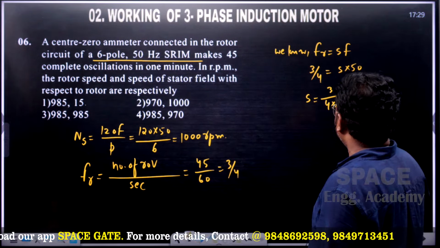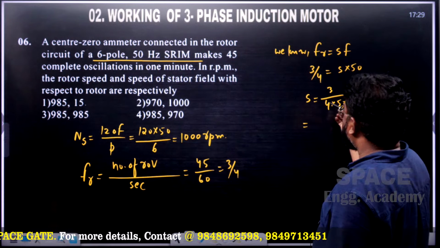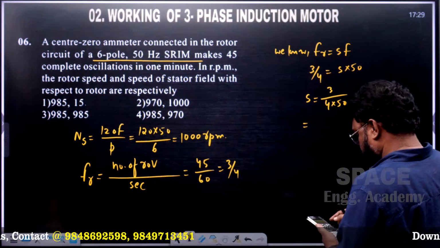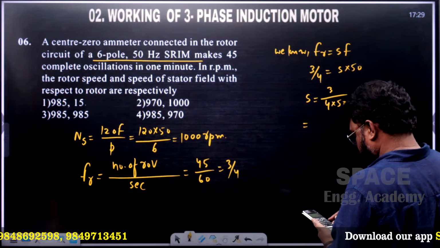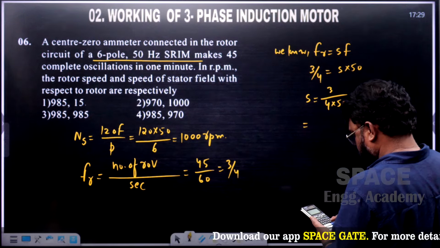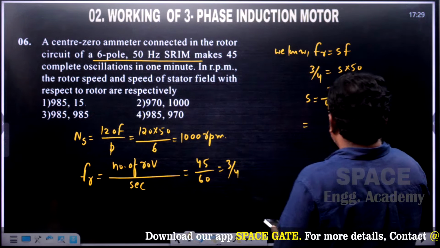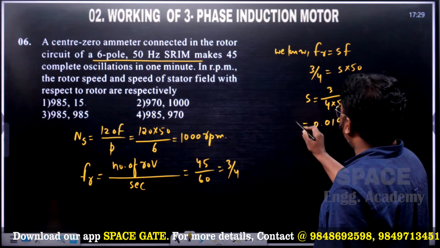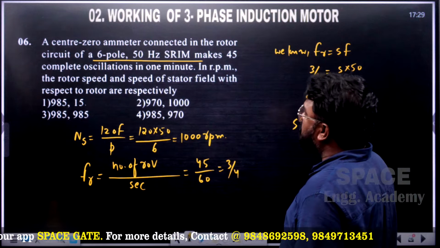Let us simplify: 0.015. So the slip of the motor is equal to 0.015.